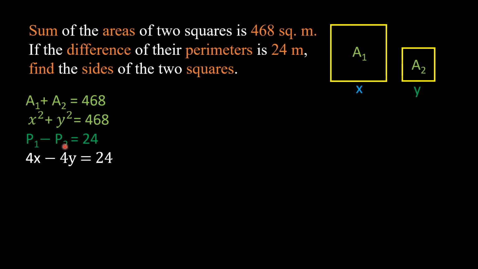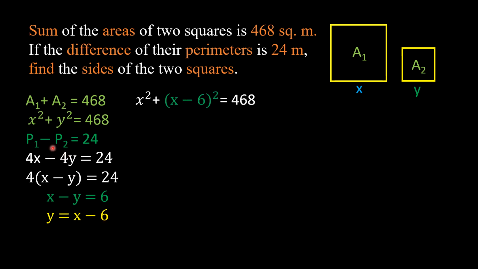Perimeter of smaller square will be 4y because side of the smaller square is y. Now we will take 4 common and write 4 times x minus y equals 24. So x minus y will be 24 divided by 4, that is 6. We will take y to the right hand side, so it will become plus, and we take this 6 to the left hand side, so it becomes minus. So we get y equals x minus 6.